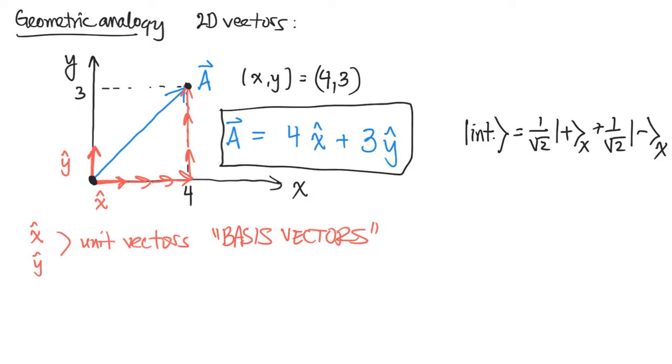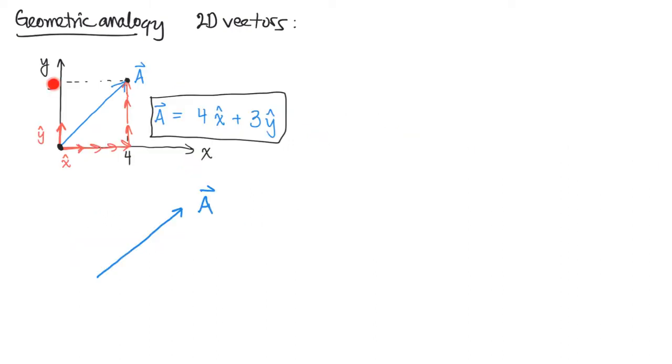But just as we saw that we can write the intermediate state using multiple different bases, we should be able to do the same in the geometric example as well. So let's see that in action. So here we have our old scenario, and here's a new scenario. We have the same A vector, okay? But this time we're going to decorate or add a coordinate system to this drawing, but we're going to add a different coordinate system.